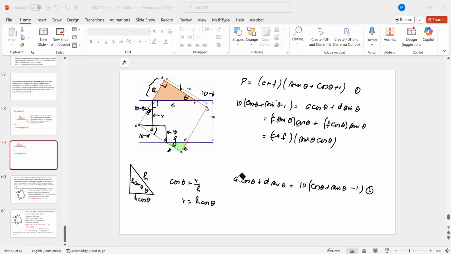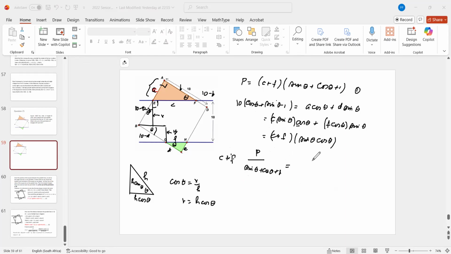Okay, so this is where we are. I'm going to make C plus F the subject of the formula of these two. So therefore, the C plus F, which is P over sine theta cos theta, plus 1, that is your C plus F from the first equation.